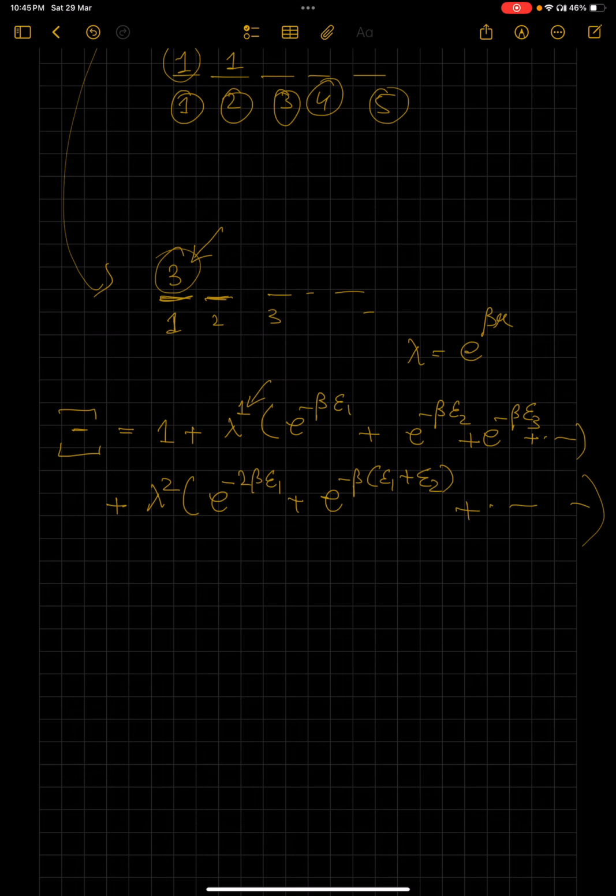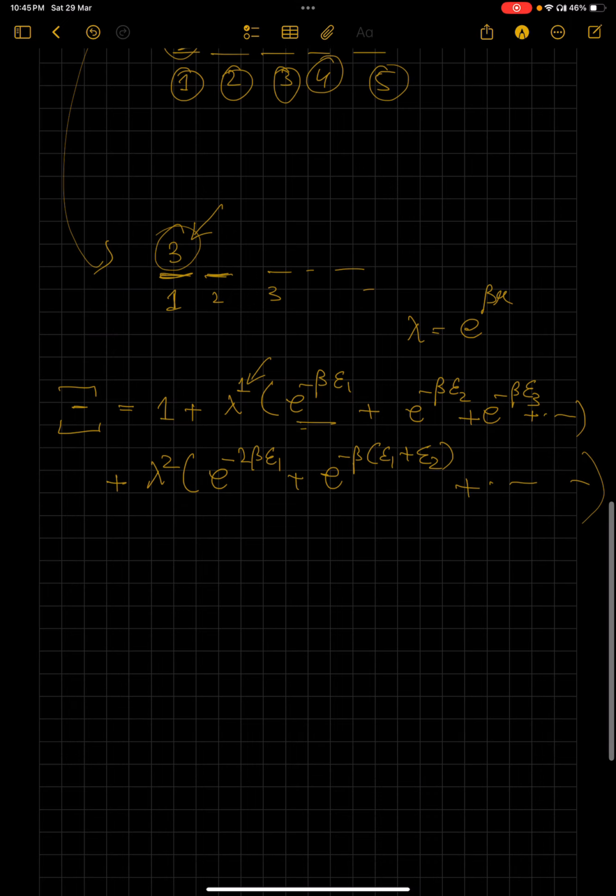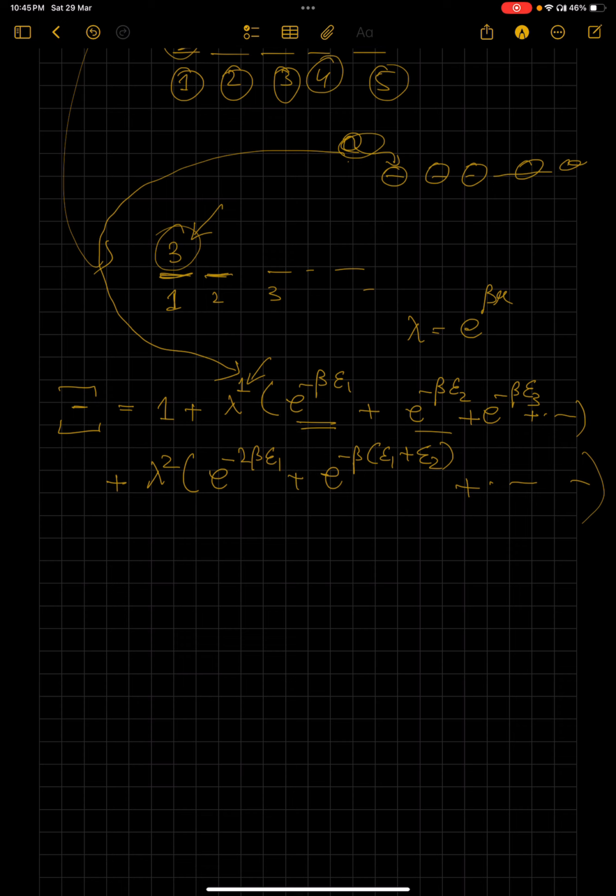of having two particles. So here only one particle was filling the system. Initially, suppose I have these states and I have only one particle, and then this particle can sit either here or here or here and so on. So this one particle state will give rise to this term. Then I will have two particle states.